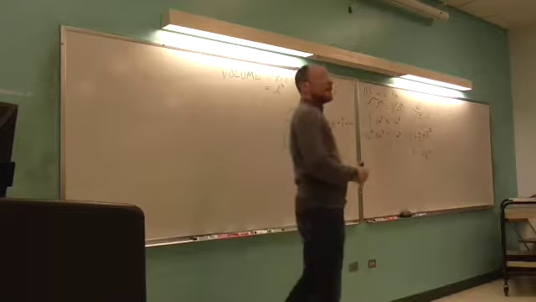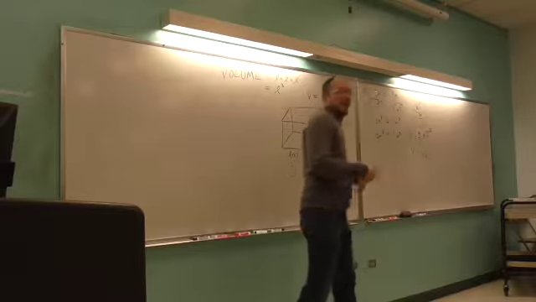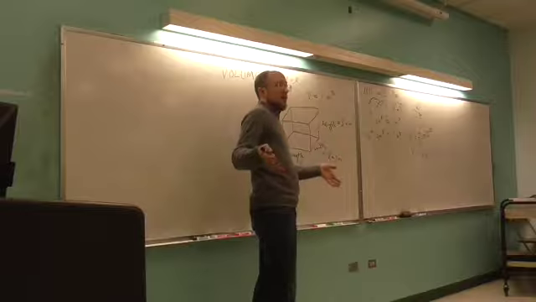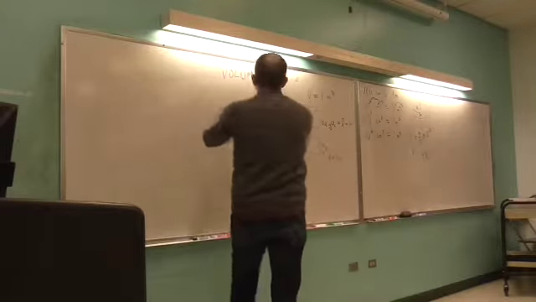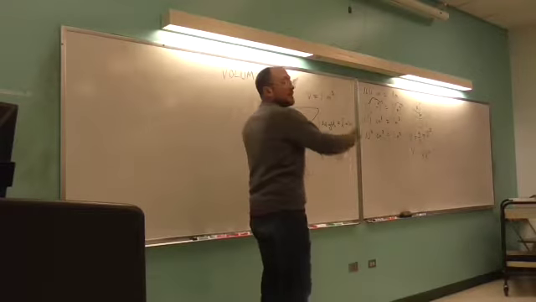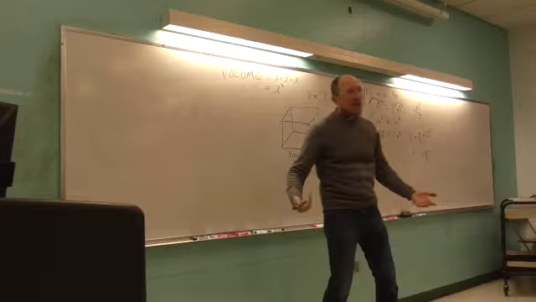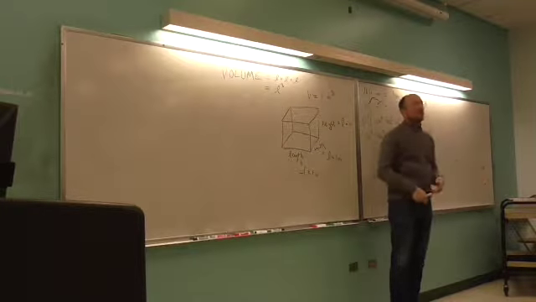If I want to know how much space a one-dimensional object takes up, I would use the measurement for one-dimensional objects, which are distances, length, meter. So volume is the way to talk about three dimensions, area is the way to talk about two dimensions, and length is the way to talk about one dimension.